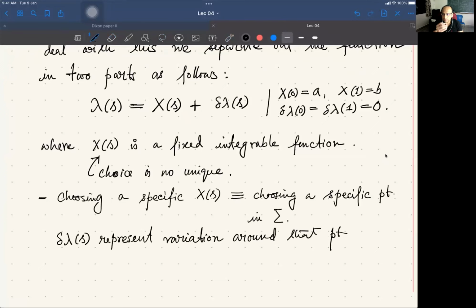Since you are doing the integration over the entire space, you could choose any fixed point and integrate the fluctuation around that point. So the choice of the fixed point is not unique, obviously.